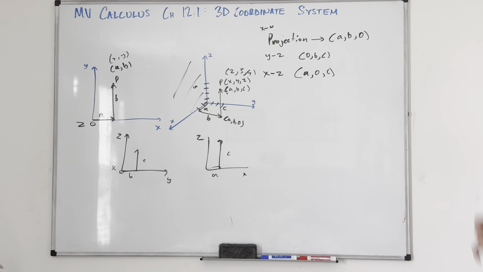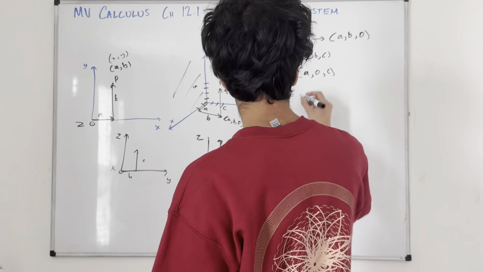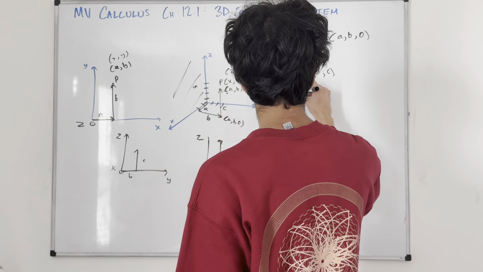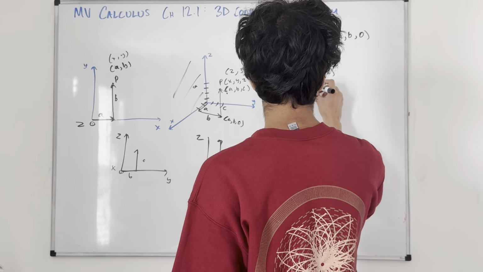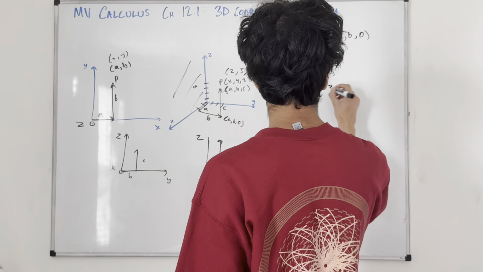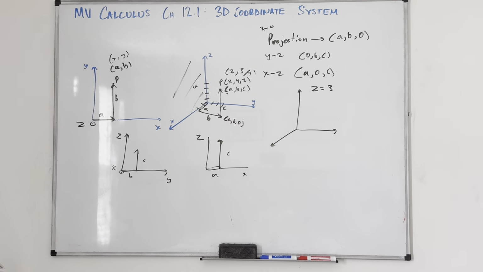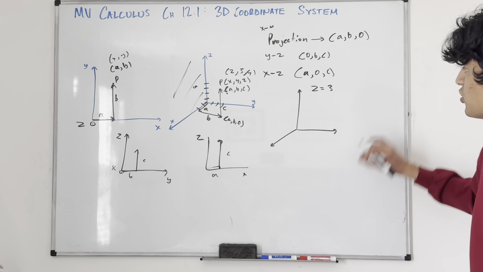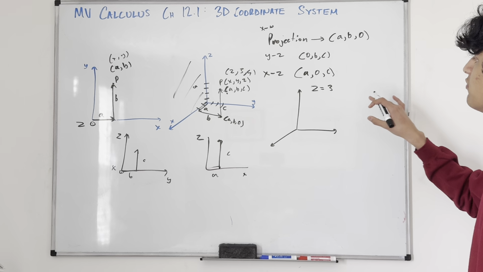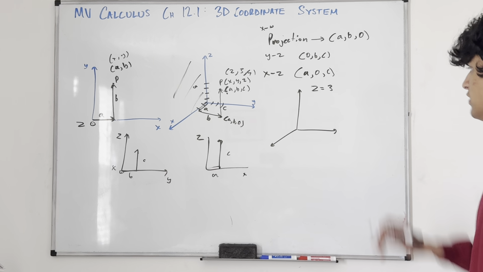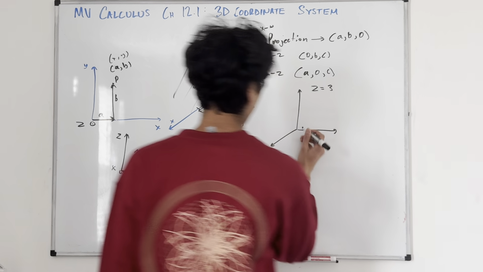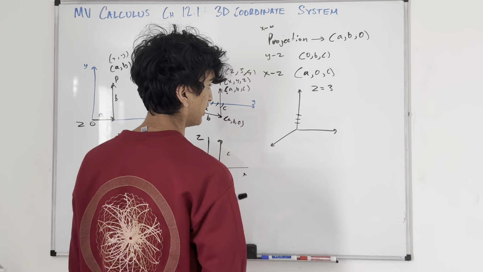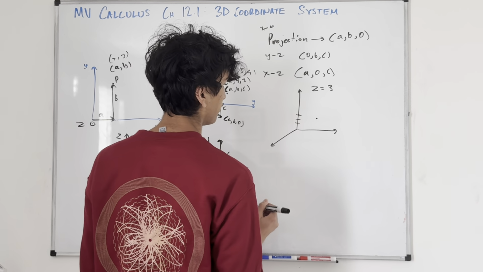A common surface you'll see is a plane. We'll study planes more, but the most simple plane is something like z equals 3. What this is saying is that for all points in space, we're just graphing the points that have a z value of 3. Something right here would have a z value of 3. Something here would have a z value of 3.